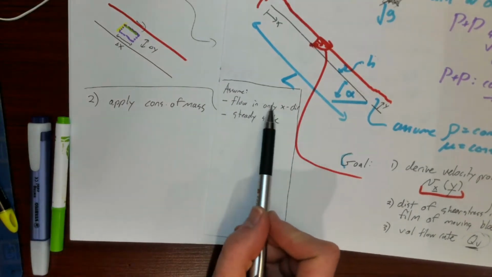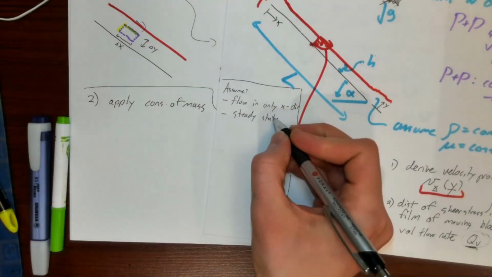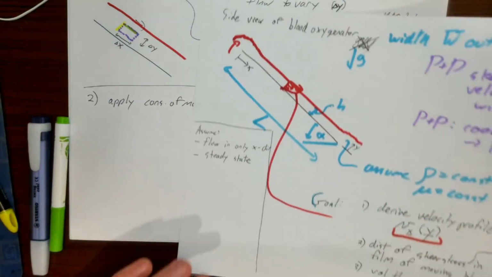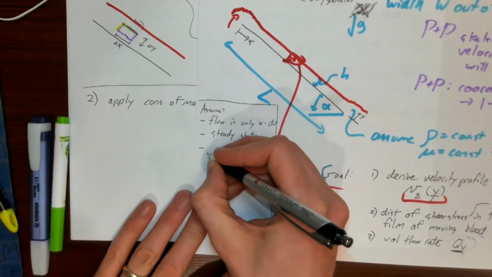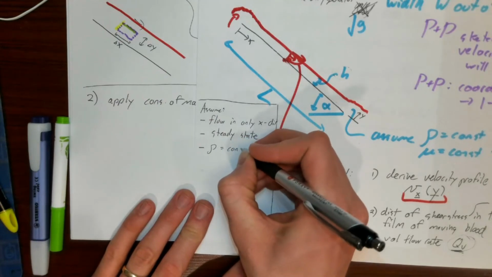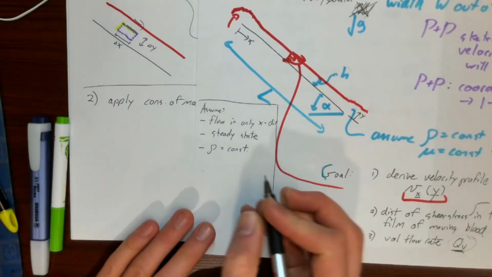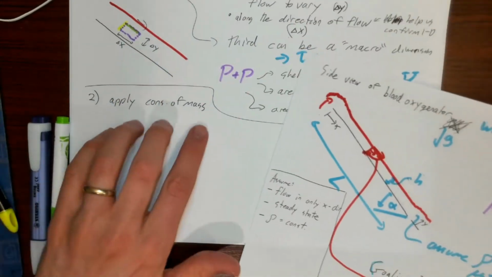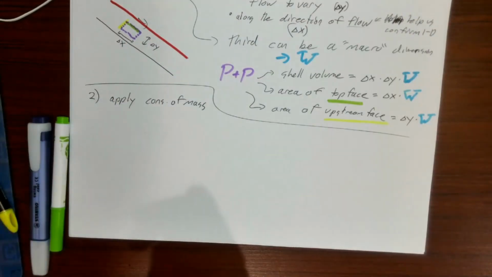So with these assumptions, let's move forward. Oh, and we're also going to assume that density is a constant for this next step. So let's make these assumptions and proceed with conservation of mass.